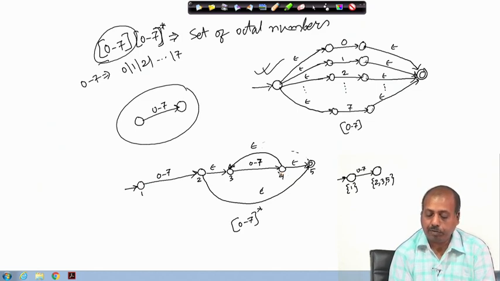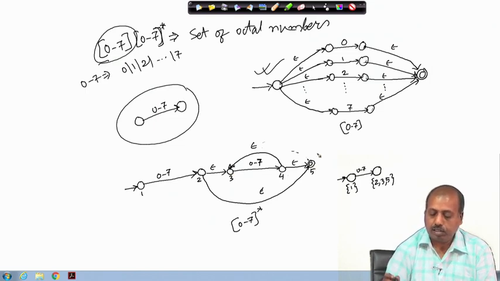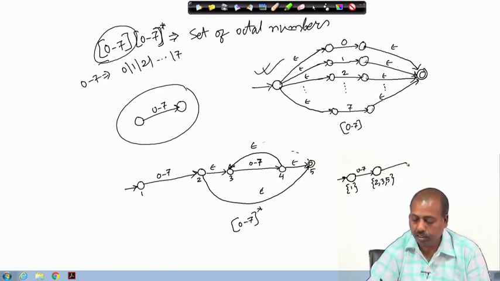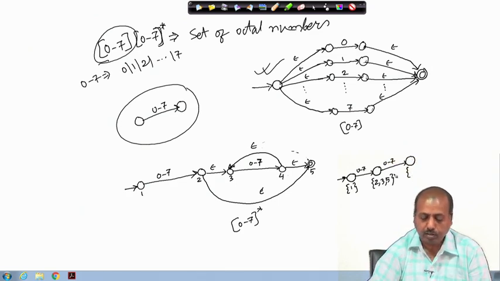and from state number 4 on epsilon transition it can go to state 3 and state 5. So, from here on 0 to 7 it can go to a state which actually consists of the NFA states 4, 3 and 5.